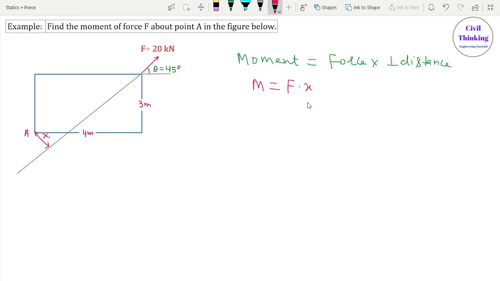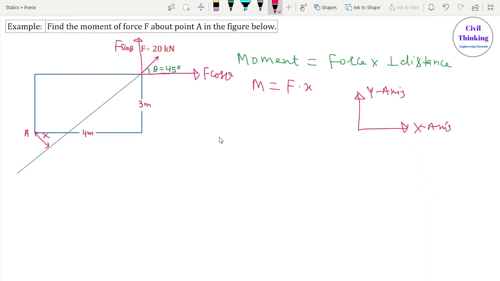So what we are going to do is resolve the F force, the 20 kilonewton force. Let us say this is the X axis, horizontal axis, and this is the Y axis. When I resolve this 20 kilonewton force, it is going to be F cos theta, where theta is 45, and this is F sin theta, right?